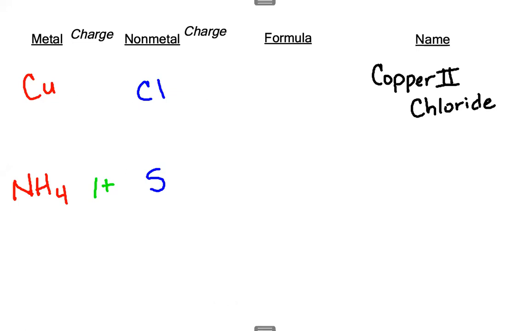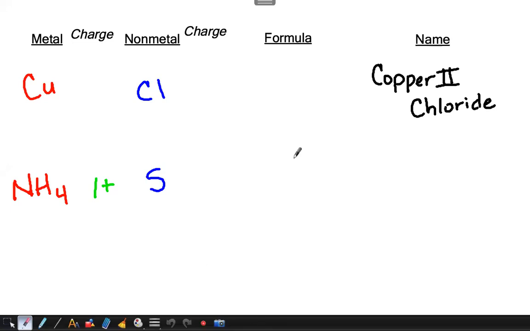But if I slide down to where it gives you copper 2 chloride, okay, copper 2 chloride, it gives me that the symbol for copper is Cu and the nonmetal is Cl. What we need to recognize in this problem is we've got one of those Roman numerals.